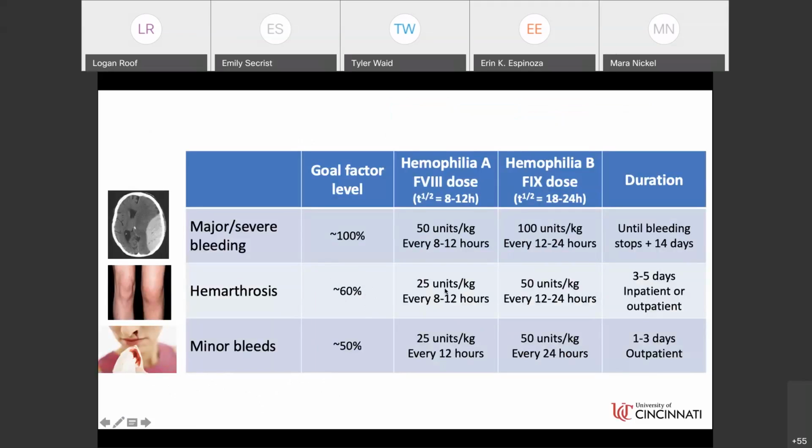We're dosing the factor replacement about every 8 to 12 hours, and that's how often we check the factor levels. For a hemarthrosis, it depends on how severe it is. If it's more on the severe side, you can give the factor replacement every 8 hours and check the levels with that, or you can do every 12. And some patients might even be treated as outpatient, so it would be hard to even check their factor levels.